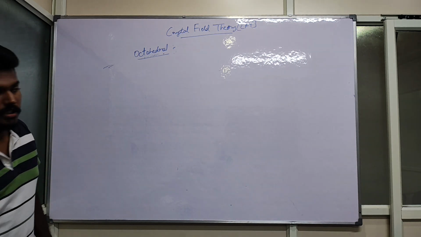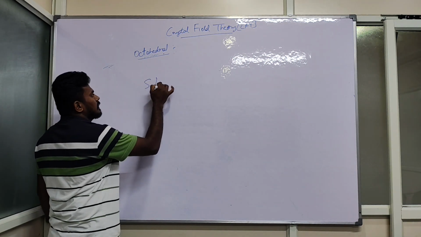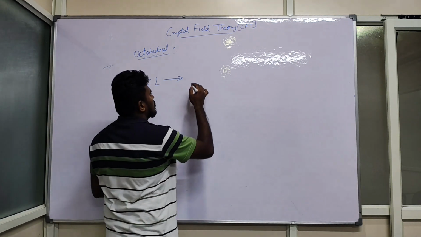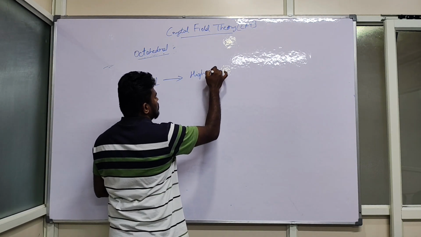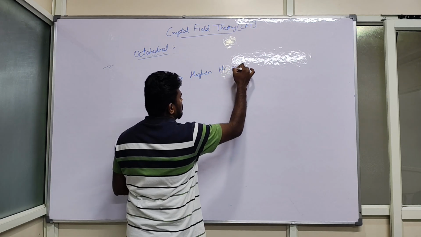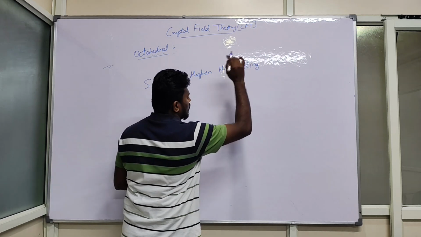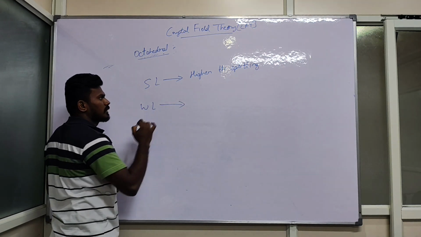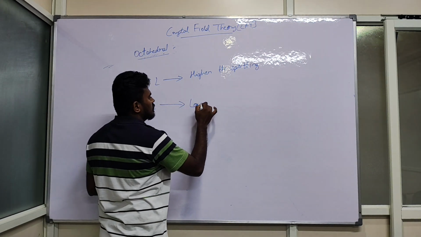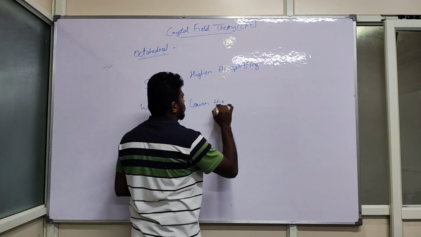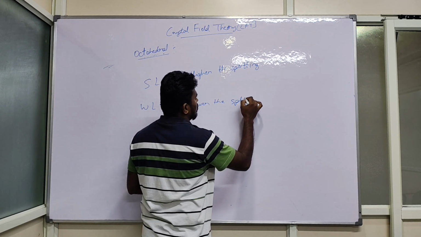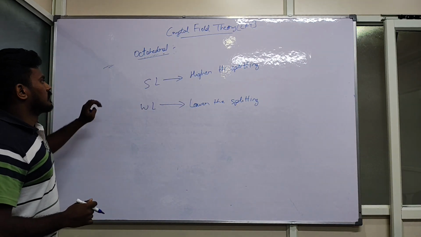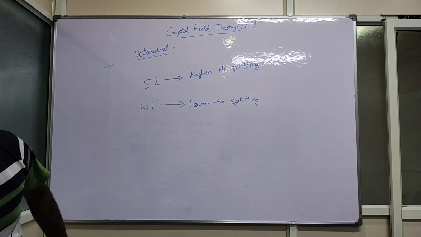And remember one thing, if a strong ligand is approaching a metal ion, then the splitting will be higher, or the repulsion will be higher. If a weak ligand is approaching the metal ion, then the repulsion will be lower, or the splitting will be lower. Clear? So, next coming to the configurations.